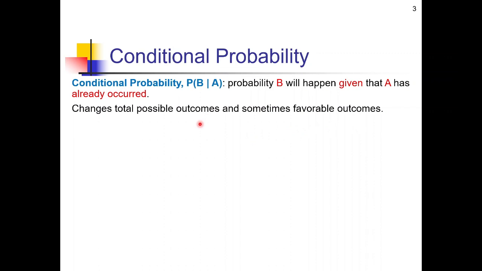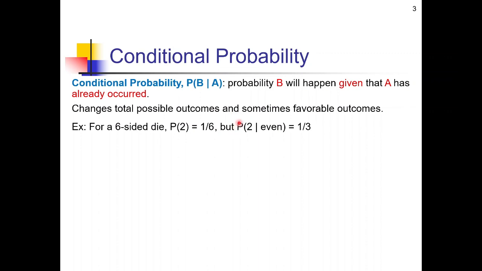Another place this might get used is if we want to specify the limits of our sample space. If you're rolling a 6-sided die, normally the probability of rolling a 2 would be 1 out of 6: one favorable outcome, and 6 possible outcomes. But now let's say we want the probability of getting a 2 given that the number we roll is an even number.